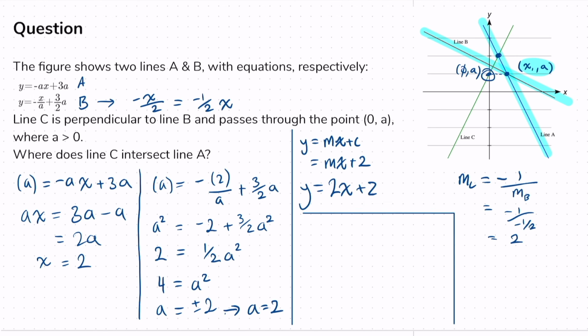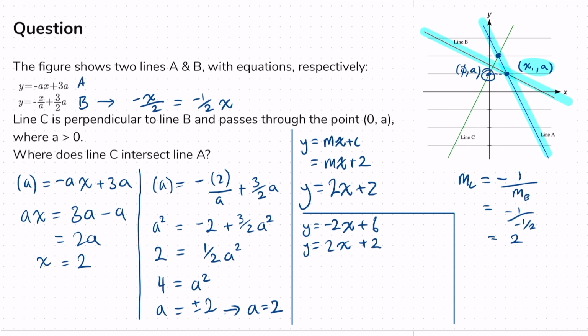Now the last thing we need to do is solve simultaneously. Now we can do this, we've used the graph before, we're just going to use a little bit more precision with simultaneous equations. So line A is y equals negative 2x plus 3 times 2, which is 6. Line C is equal to 2x plus 2.